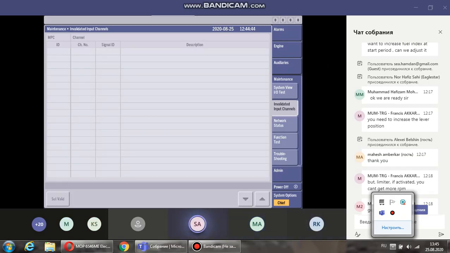Taco sensors alarm. Why the taco? Because this taco system, they substitute the cam. So if the cam cannot be read, then all the system will go haywire.